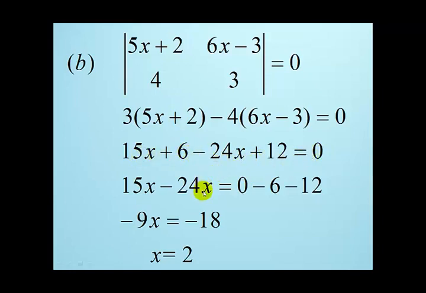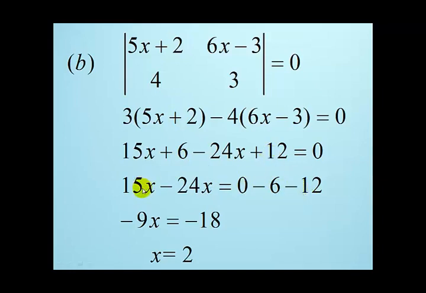Now we group the x on the left hand side and the constants on the right hand side. So we have 15x minus 24x is equal to 0 on the right hand side. Plus 6 on the left becomes minus 6, and plus 12 on the left becomes minus 12.